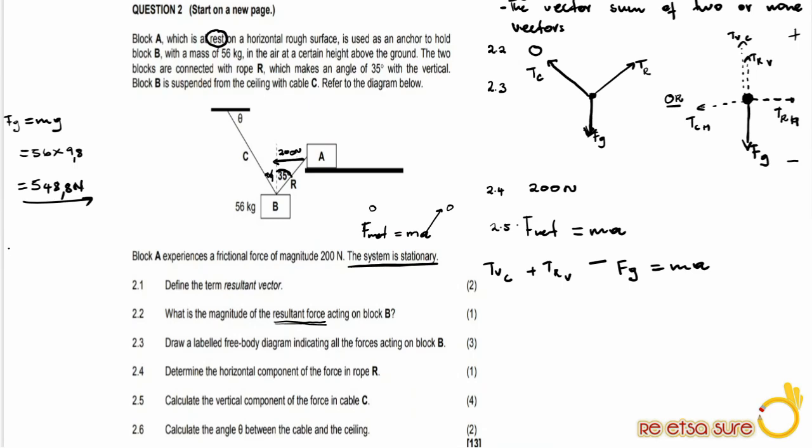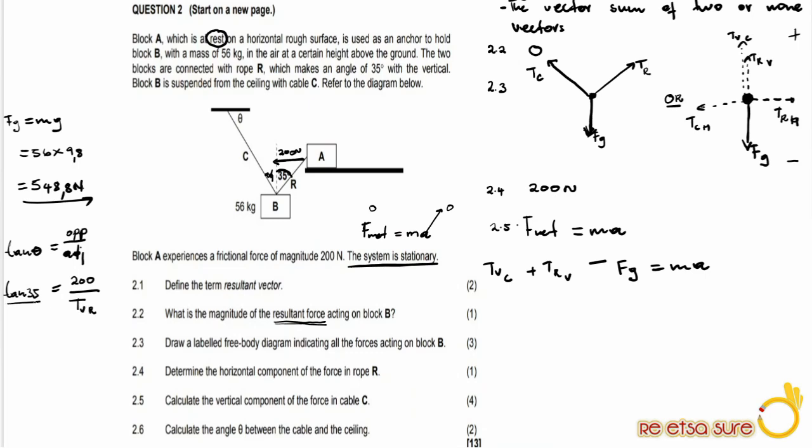So I'm going to say tan theta is equals to opposite over adjacent. What is my theta? The theta is given. So I'm going to say tan 35 is equals to the opposite side, which is 200, over the adjacent side. The adjacent side now is TVR or TRV.